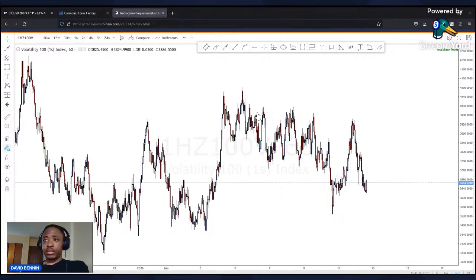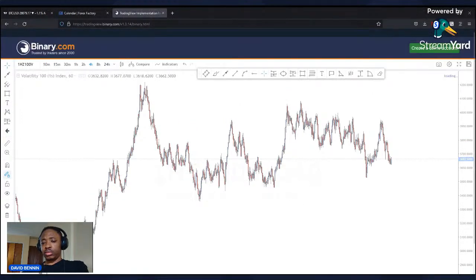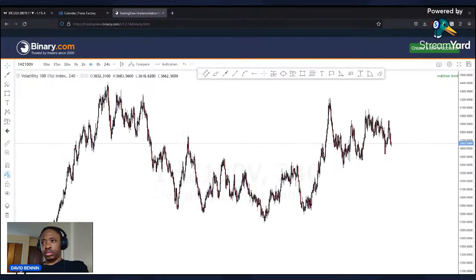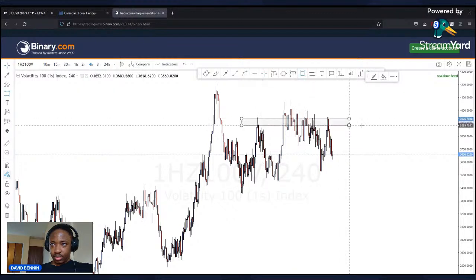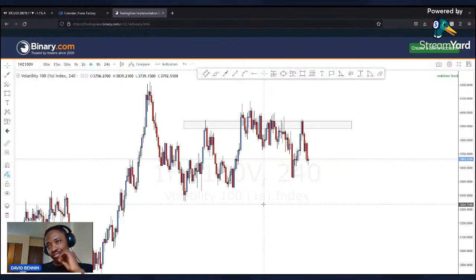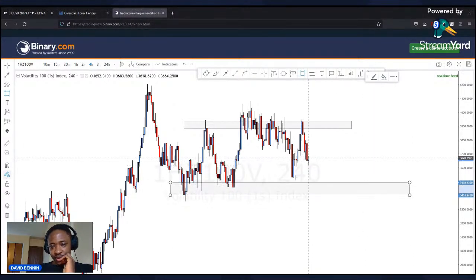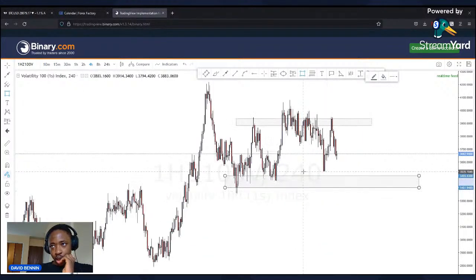Very interesting structure. Because price is coming to the end of this level here, I wouldn't want to.